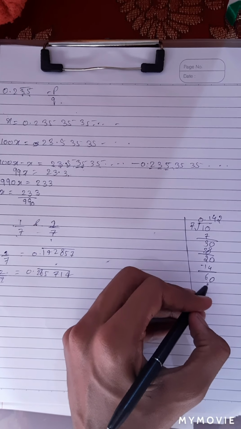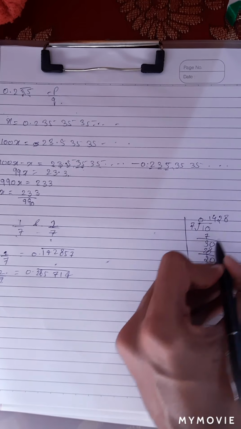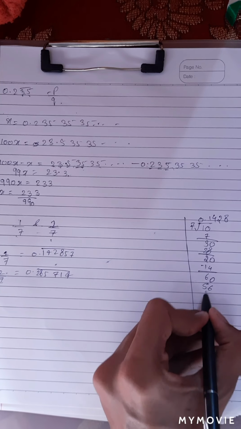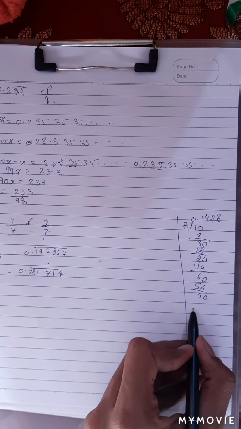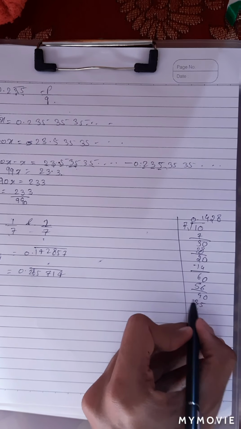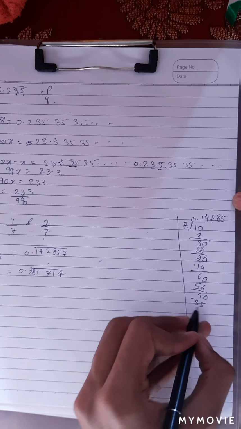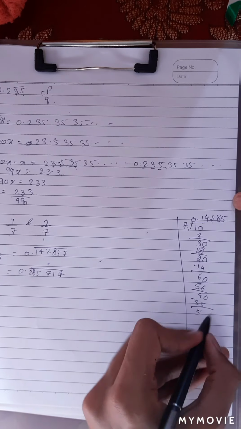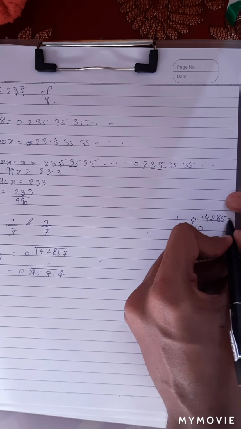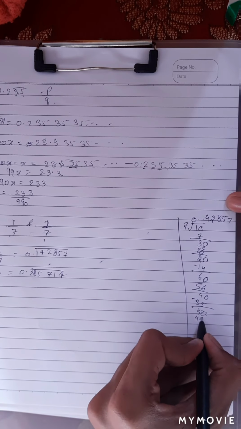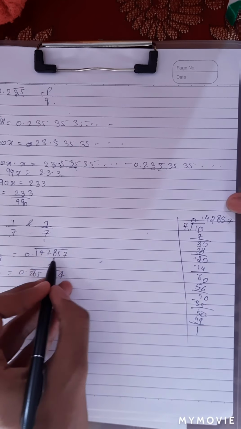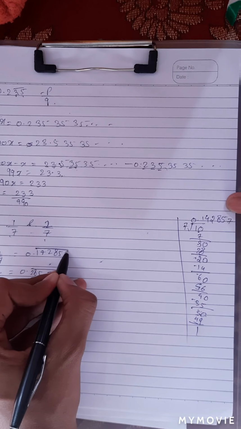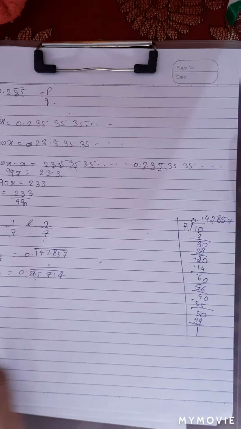The closest number to 60 is 56, 7 8s are 56, and we get a remainder 4 and 40. The closest number to 40 is 35, and it is 7 5s are 35. This gives us 5 and 50. The closest number to it is 49, 7 7s are 49. And again we got 1, so the steps will continue, so we will get a recurring 1 4 2 8 5 7. So in the same way here also we will get the other expansion.